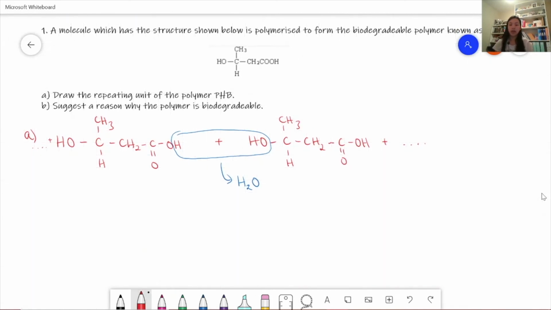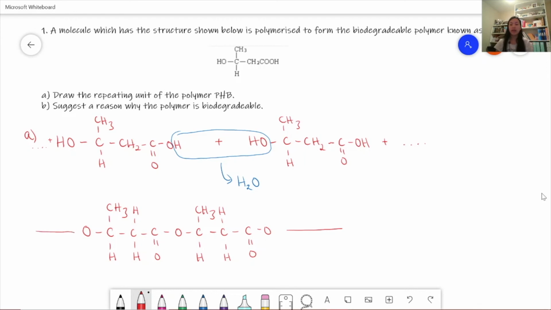So we have oxygen, and then carbon with a CH3, and then hydrogen, and then CH2, C double bond O, and then now we have O, C, CH3, and then carbon with 2 hydrogens, and then C double bond O, O, and so on.